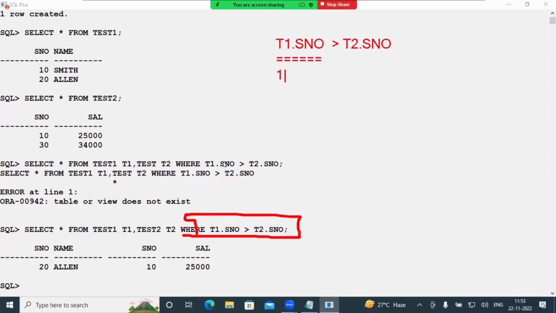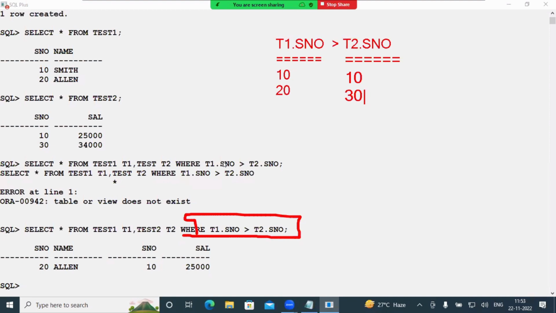Check it out: 10, 20. Now, coming to T2 alias name serial number, you can see 10, 13.